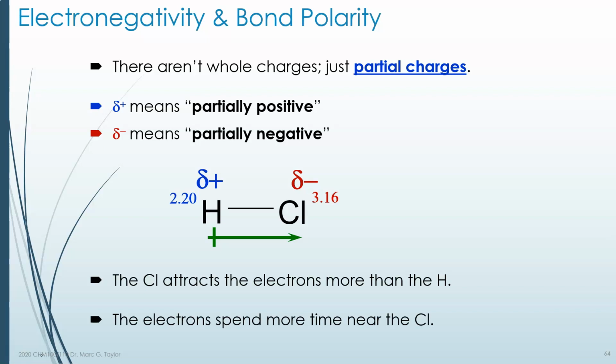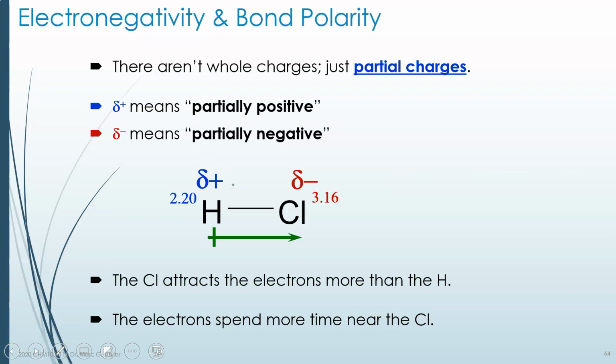And that just means that the electrons are near the chlorine more often, and that is because we have an electronegativity difference of 3.16 minus 2.20, or 0.96. If you remember from the previous slide, 0.96 is between 0.5 and 2, making this a polar covalent bond. It's still a covalent bond, but the hydrogen has a tiny positive charge, the chlorine has a tiny negative charge, and we represent that with the lowercase Greek letter delta shown here.